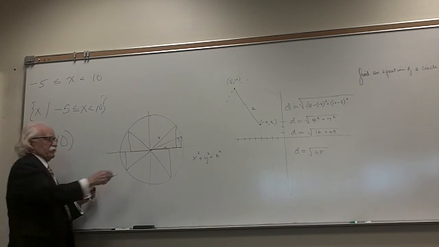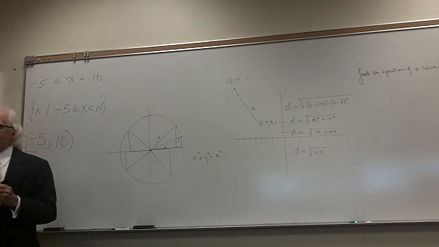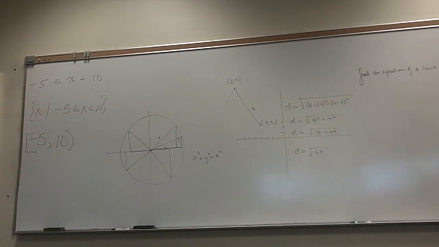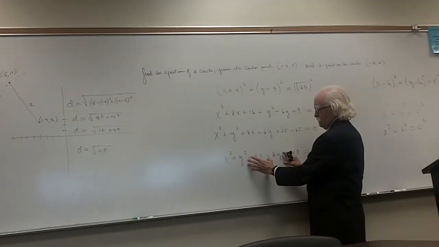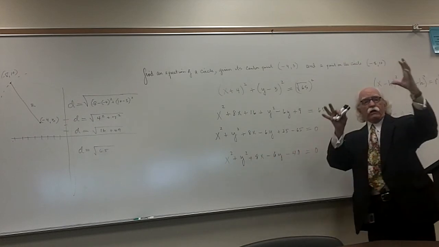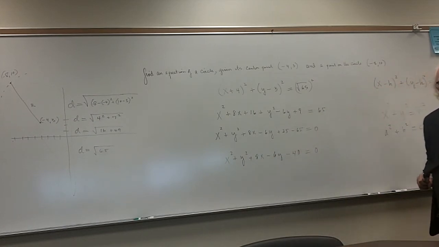That is provided that the center point is at 0, 0. But if it's not at 0, 0, you will know that because of this jump right here. You see this? This is telling you it is offset somewhere on the graph. That make sense, everybody?